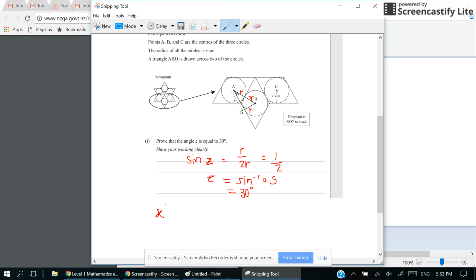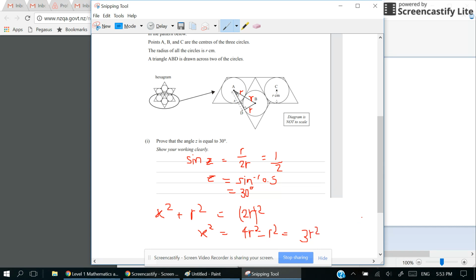So x squared plus r squared equals 2r all squared. So x squared equals 4r squared minus r squared. You take this side, move it to the other side, and calculate this back.